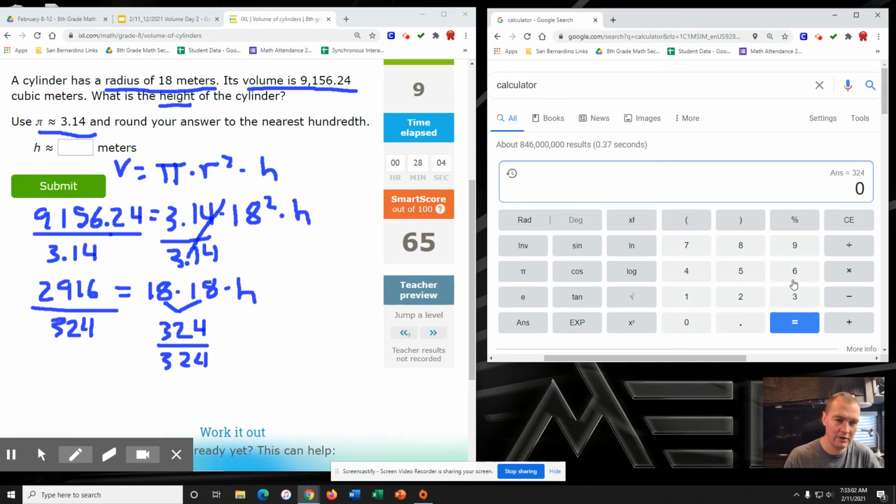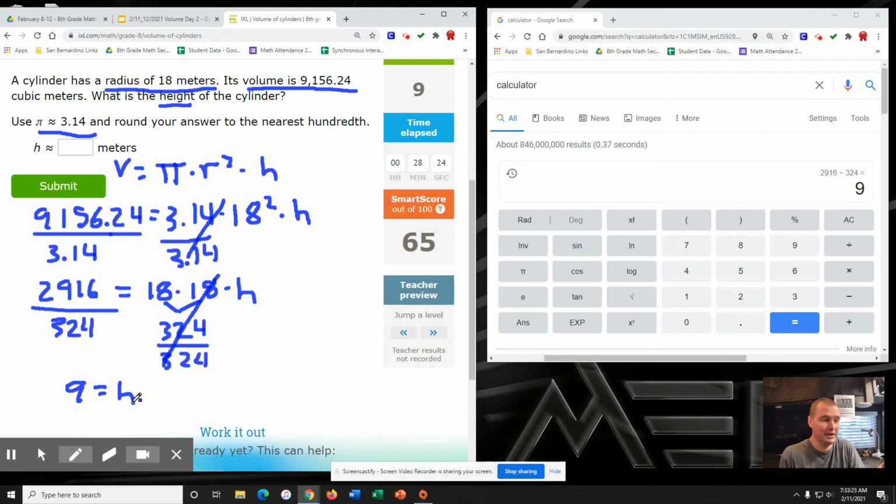So we got 2,916 divide 324 equals 9. Ooh, this number came out nice. Okay, we got 9 equals, 18s are out because we divided by the 324, equals h. There we go. We're done because there's no square root, because we're not solving for the radius this time. So 9 is the height.